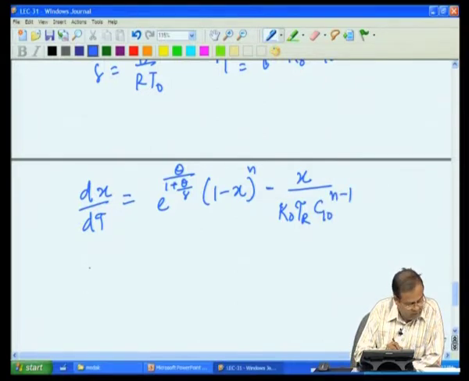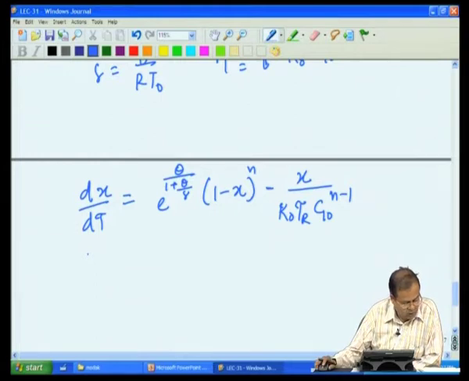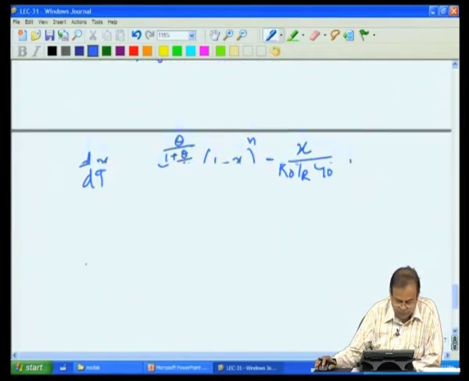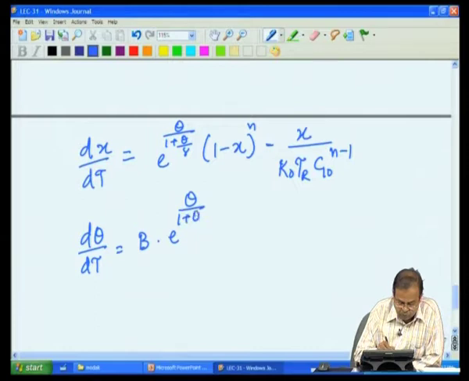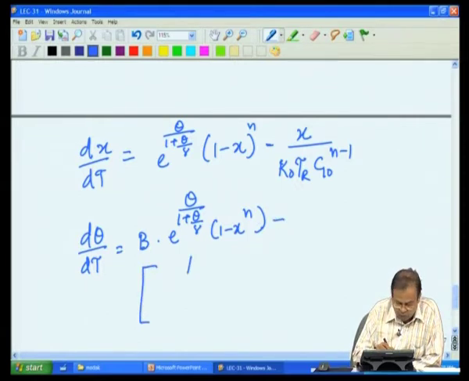Our mass balance, and for our energy balance, we will get once again, minus this particular quantity.